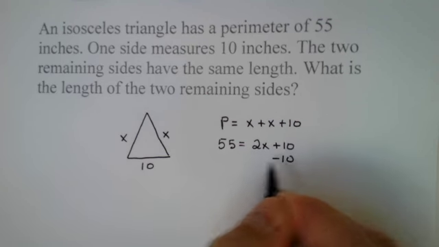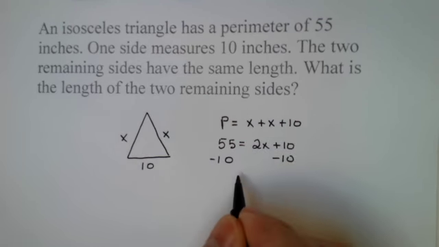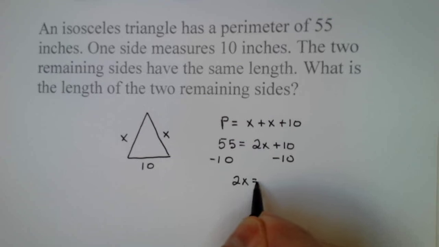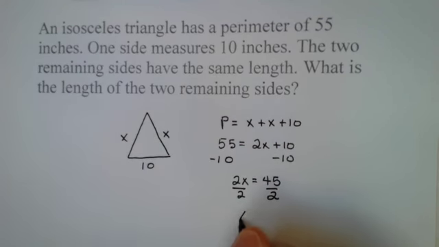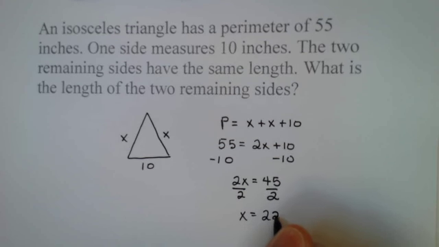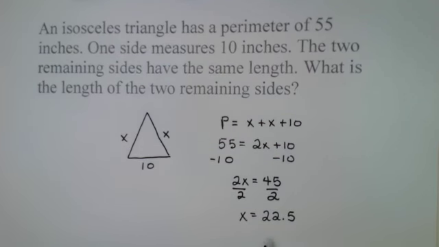Subtract 10 from both sides. Divide both sides by 2. X is equal to 22.5, and make sure I put the units. I'm dealing in inches, so I put inches.